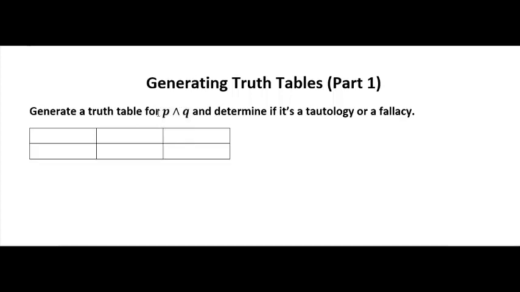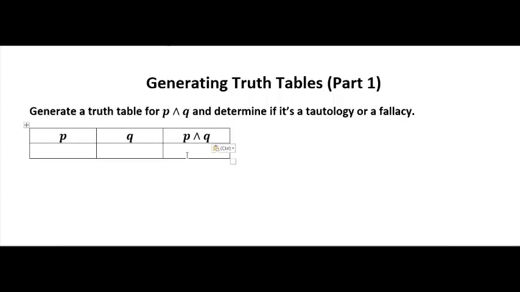So yes, we follow the same process: we place P, we place Q, and then we place, in this case, only the conjunction, and that's it. But the problem here is that we don't know if P is true or false. Same thing for Q. So this gives us a problem to find a truth value. That's why the exercise is not asking us to find a truth value. What it's asking us to do is to generate a truth table.